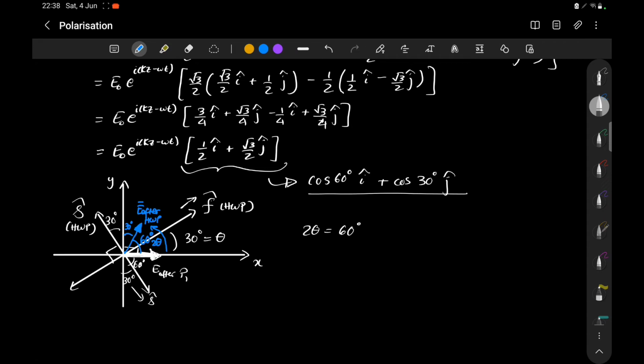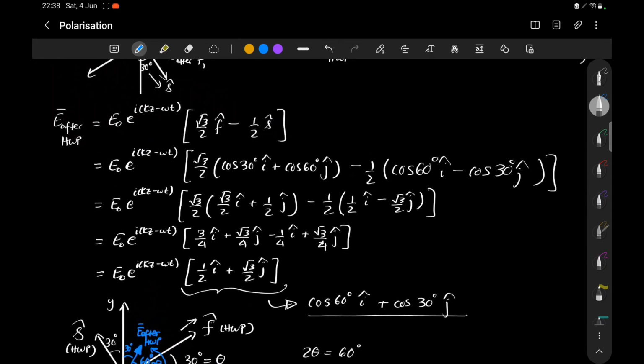So everything is in agreement with what we have seen earlier. So this is the electric field after the half wave plate. This was what we were supposed to find out.